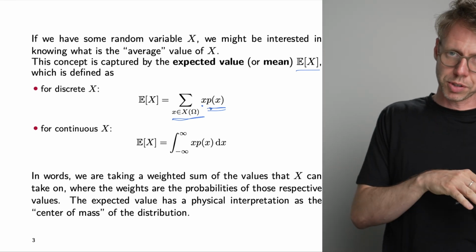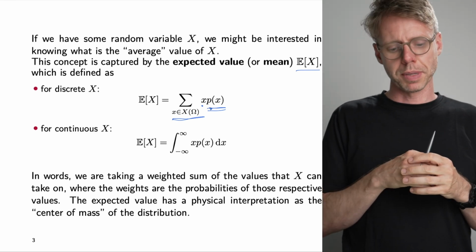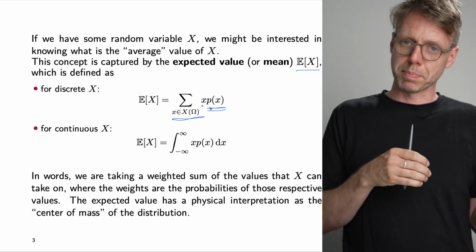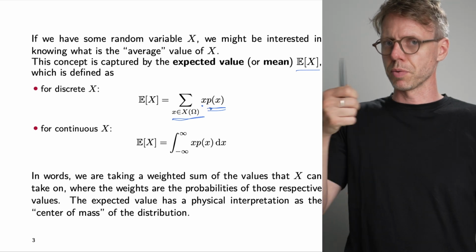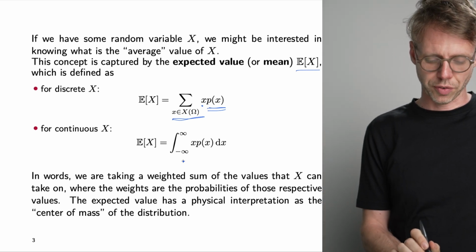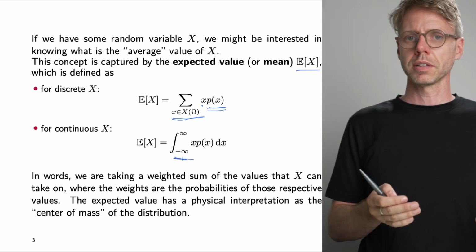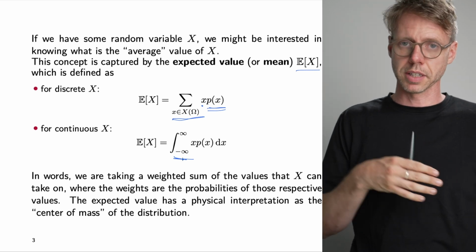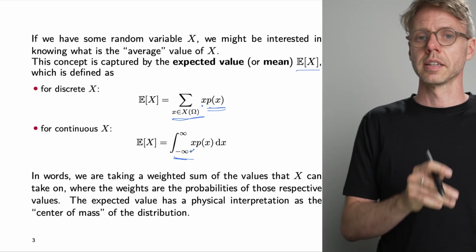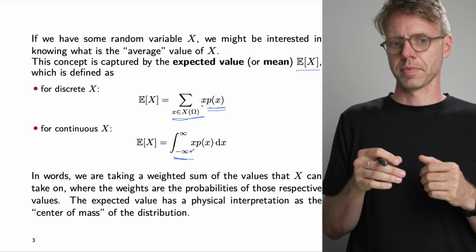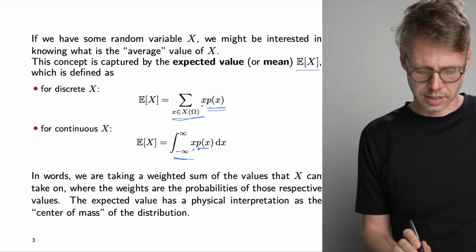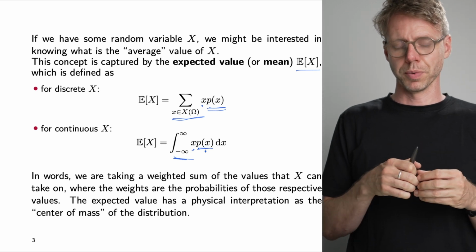Now for continuous random variables x, we replace the sum by an integral. So we're integrating over the range of the random variable, for example, from minus infinity to plus infinity, the value times the density of this value.